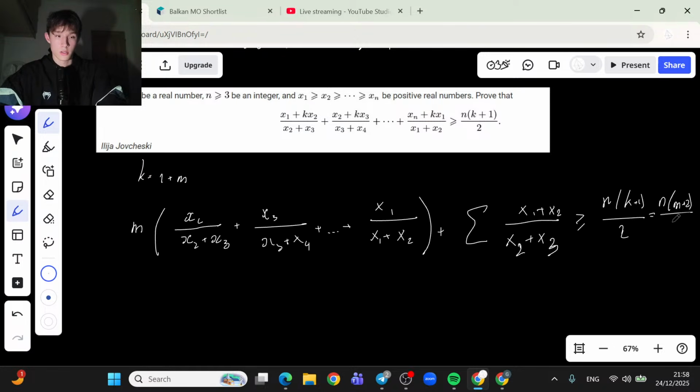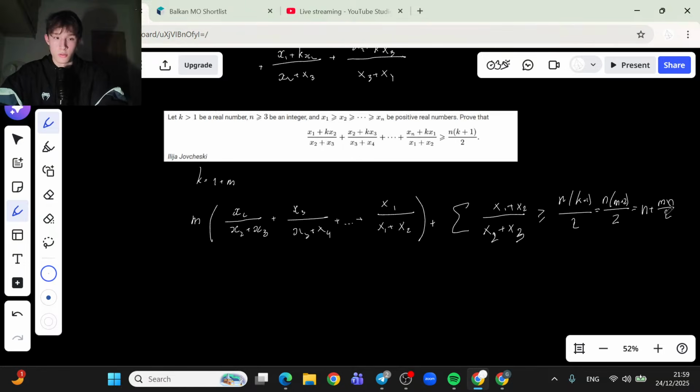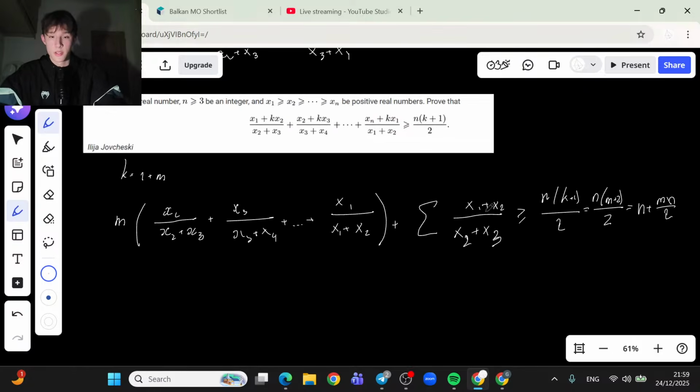Like this. Okay, and this thing is equal to, I'll actually rewrite it as n plus mn over 2. I want it like that. And I think that one of the sides will be greater than n and the other will be greater than mn over 2. So probably this thing here is greater than n over 2, and this thing here is greater than n. And this looks pretty reasonable, low-key.